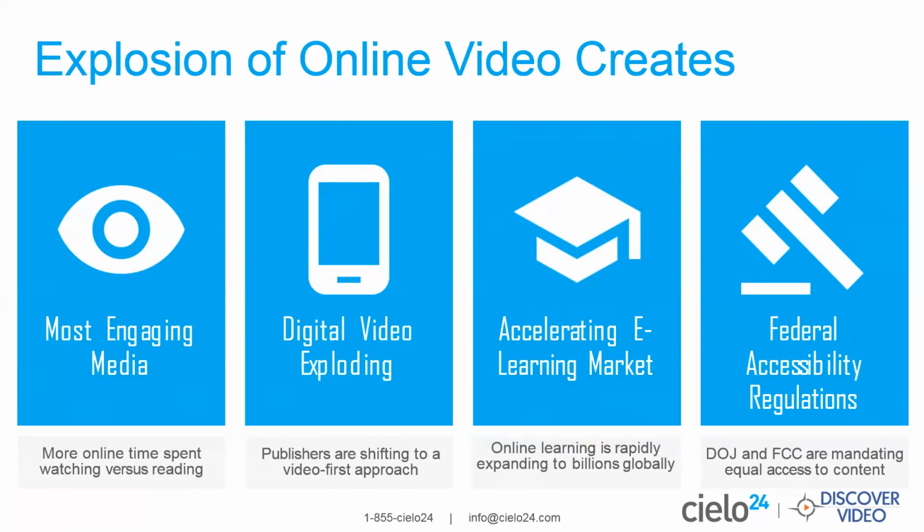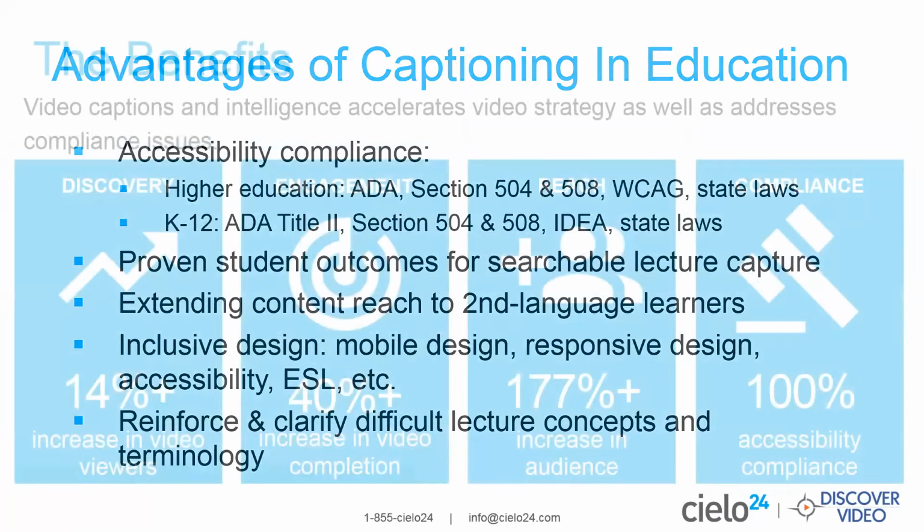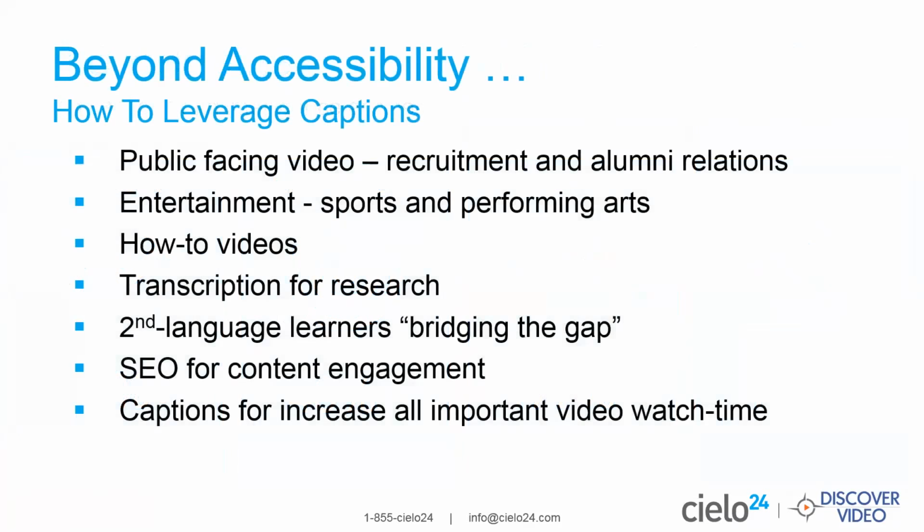There's been a lot of activity out there where I think the government has used these opportunities to assert the fundamental right of all people to have access equally to learning content. And so I think of captions like wheelchair ramps to commercial buildings, we want to make these videos and education as available to everybody. And so that's really been the drive.